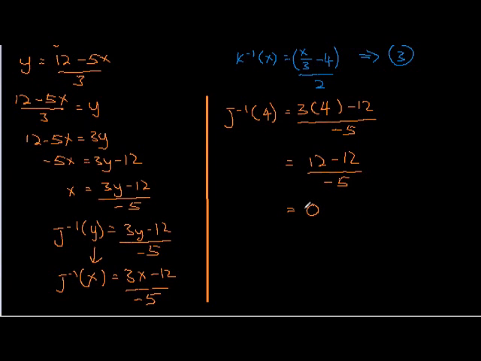So this is equal to 0. This means that the inverse of j maps 4 onto 0. And this can also be written as the inverse function of j such that 4 is mapped onto 0.